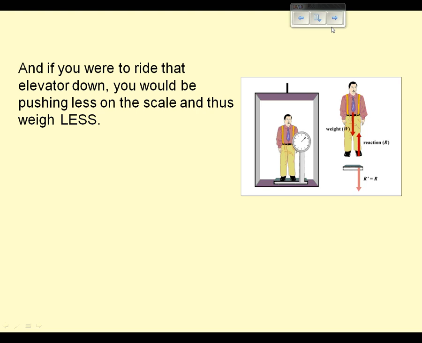What does that mean? Twice the pull of gravity. It means you're experiencing gravity of not 9.8, but 19.6, right? You would feel twice as heavy. You'd feel like you weigh 400 pounds instead of 200 pounds, right?